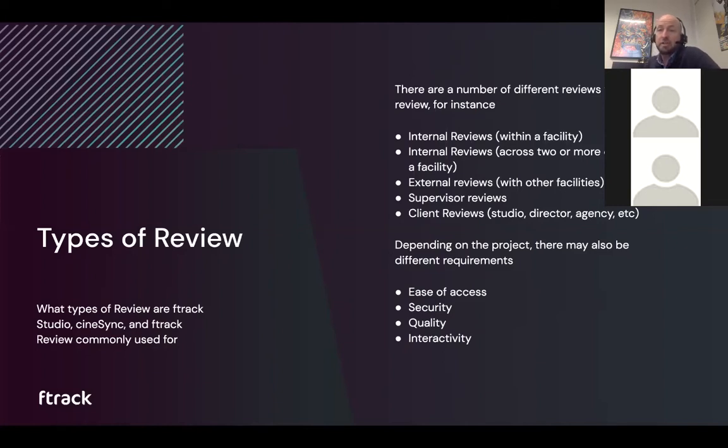We have external reviews. So a lot of facilities will subcontract work out, or they'll work with other facilities who are also sharing assets or building parts of the same shot. So you need a way of being able to communicate with them. You need a way of being able to communicate with a supervisor. So a supervisor might be looking after 15, 20 facilities on a single show.